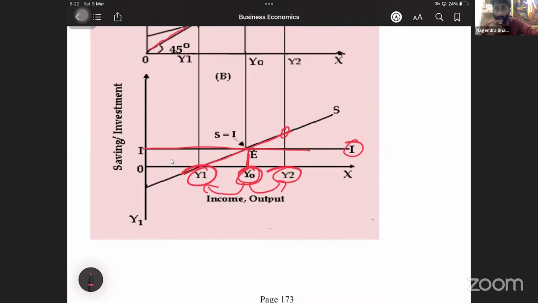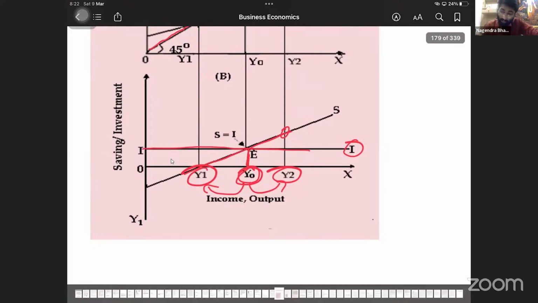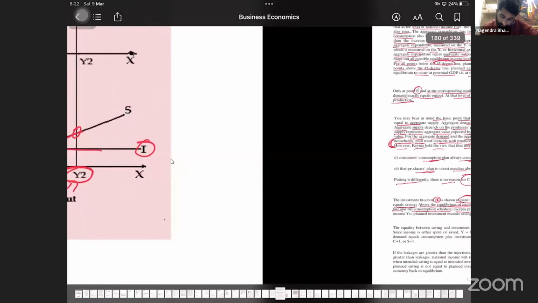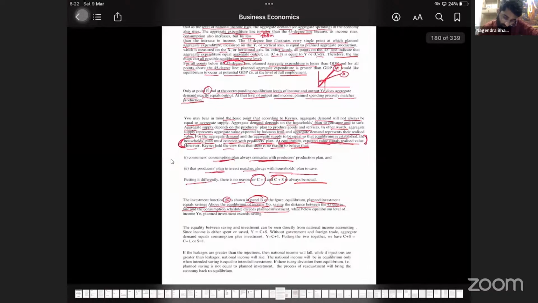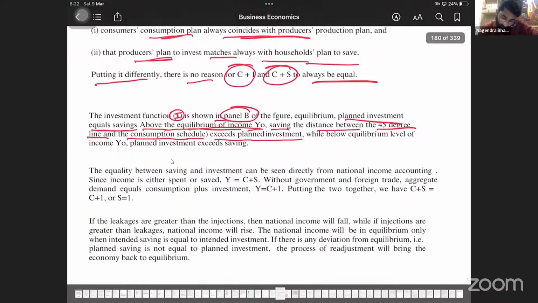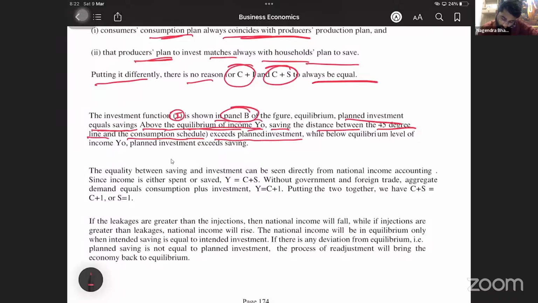Above Y0, investment falls below savings. See, above Y0, savings, the distance between the 45-degree line and the consumption line, exceeds the planned investment.